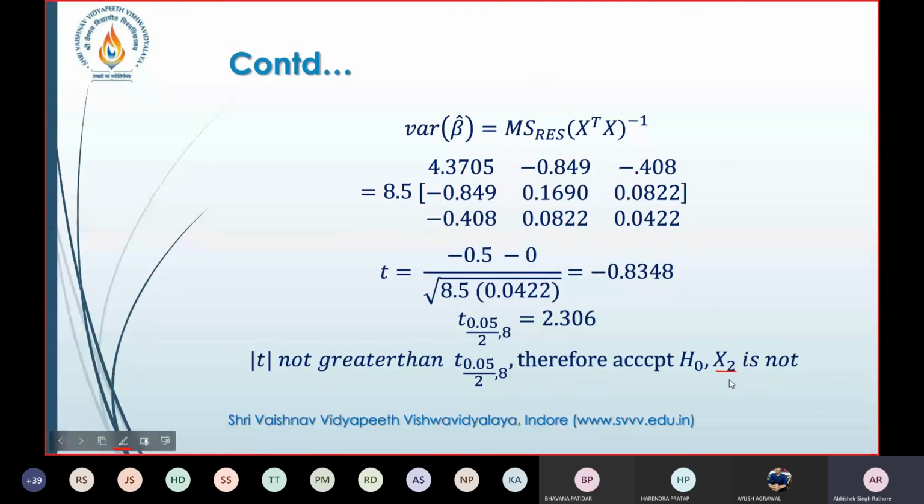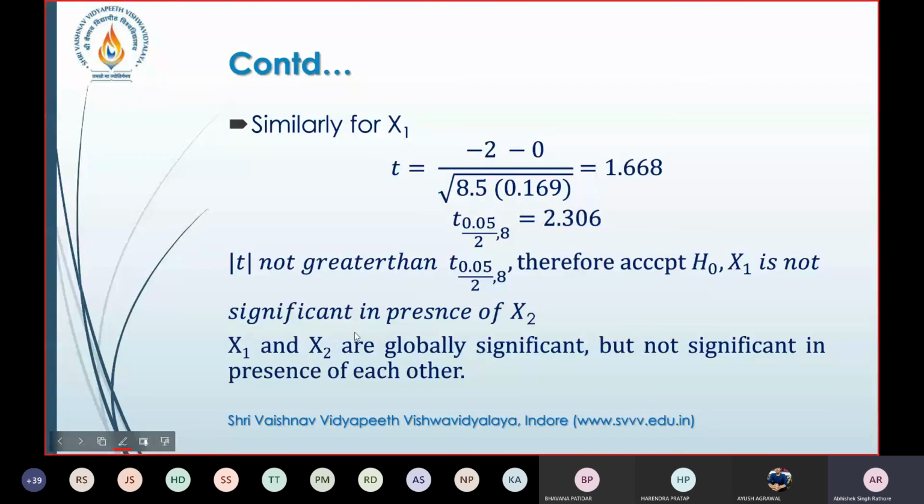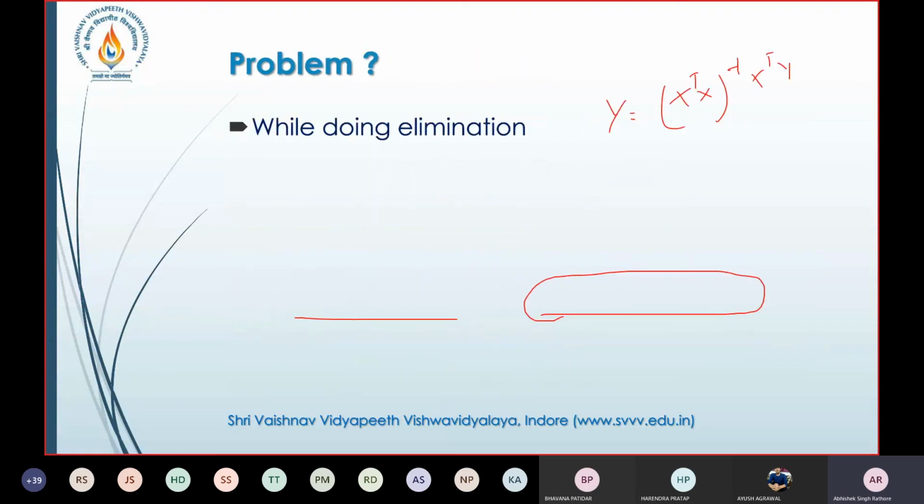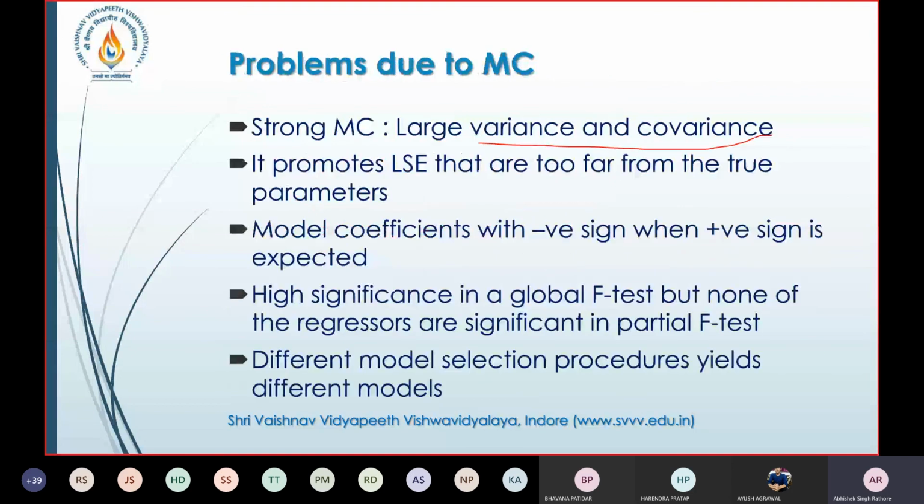Again we are checking that this x1 is not significant of the x2. इसका मतलब ये हो रहा है कि जब हम दोनों को मिला रहे हैं तो वो दोनों मिलके तो ग्लोबली सिग्निफिकेंट हो रहे हैं, पर एक दूसरे के लिए इनसिग्निफिकेंट हो रहे हैं. इसका मतलब ये है कि this problem arises due to your multicollinearity.